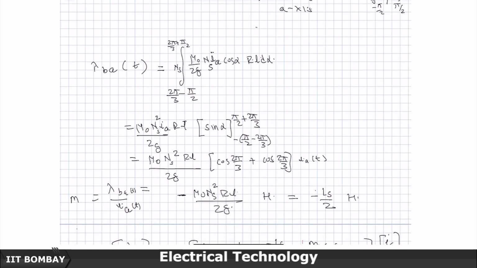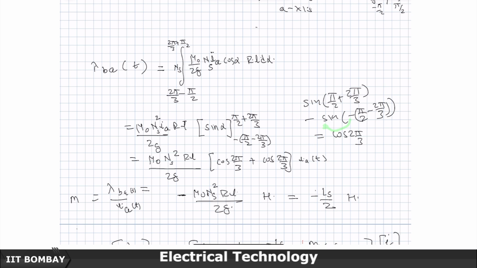And so, this means it is going to be sine of pi by 2 plus 2 pi by 3 minus of sine of minus of pi by 2 minus of 2 pi by 3. So, this first term is sine of 90 plus theta is cos of theta. So, cos of 2 pi by 3, and then this minus of sine of minus theta is minus sine theta.